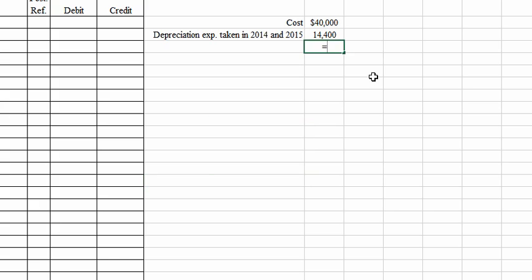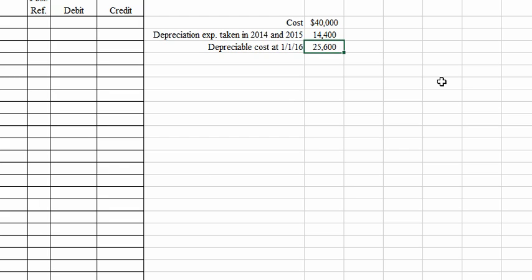So I'm going to say 40,000, the original cost, minus the depreciation already taken. And there's the depreciable cost at 1/1/16. That's how much we have left to depreciate on the computer going into 2016.